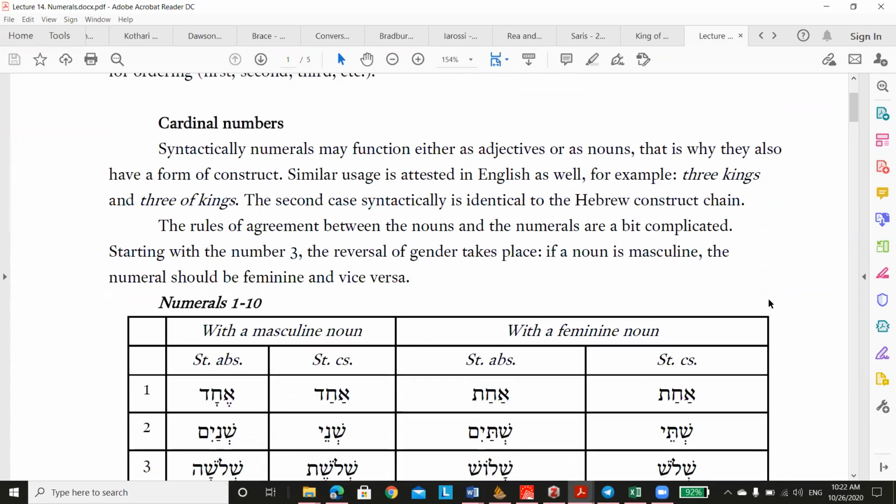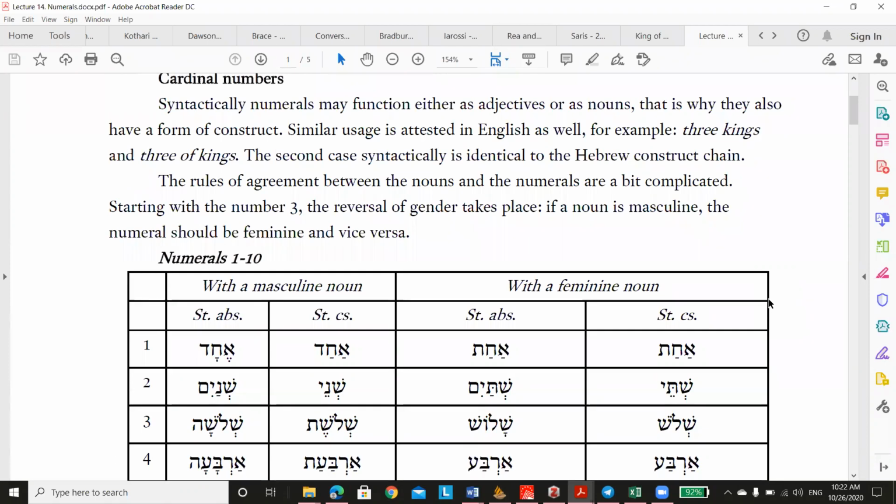First of all, we need to know that cardinal numbers can function in the sentence either as an adjective or as a noun. So they can function exactly like adjectives, or they can be nouns. And because they can function as a noun, they have two different forms.